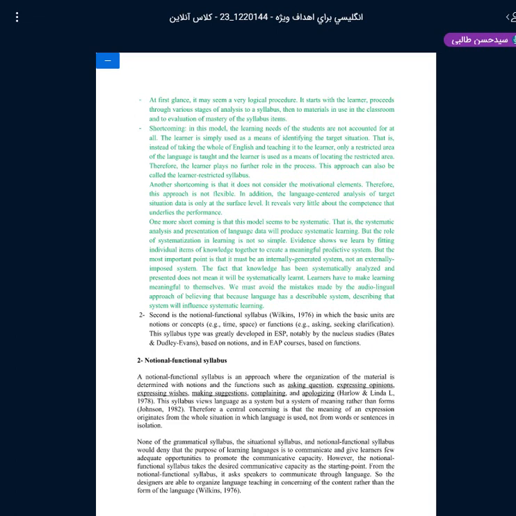And for those functions or situations, books or teachers must provide the learners the language that they need. They usually use dialogues in order to show how that function or that situation can be met. Therefore, communicative competence is very important here.